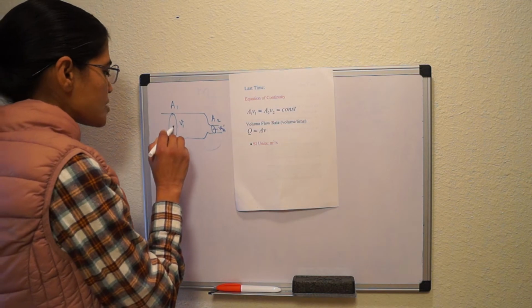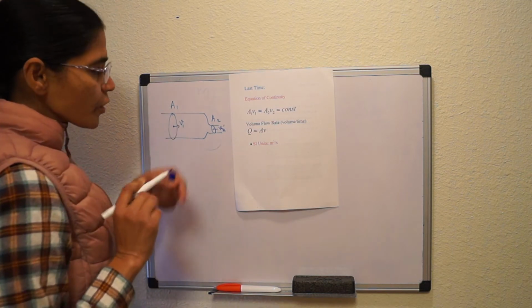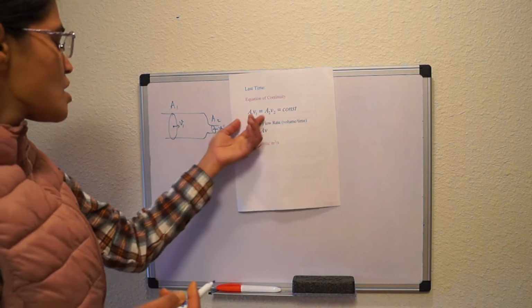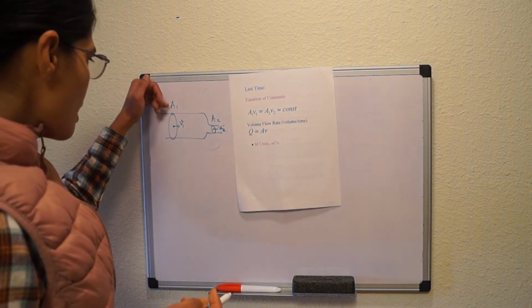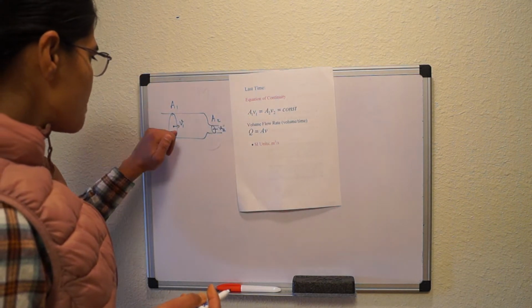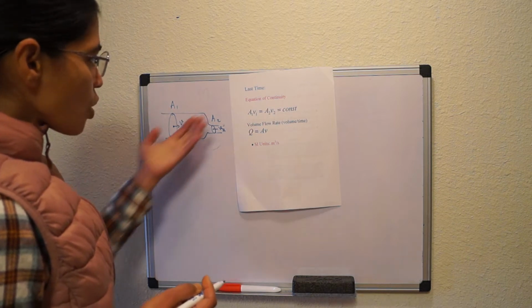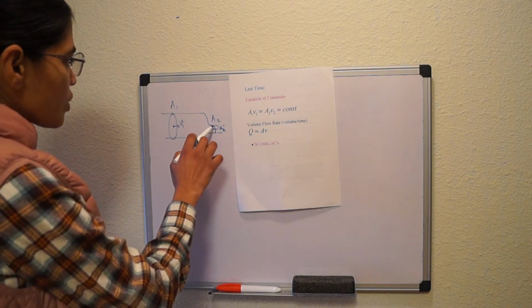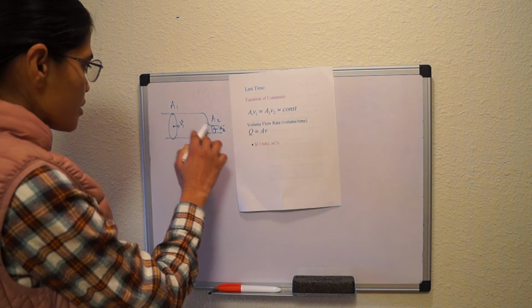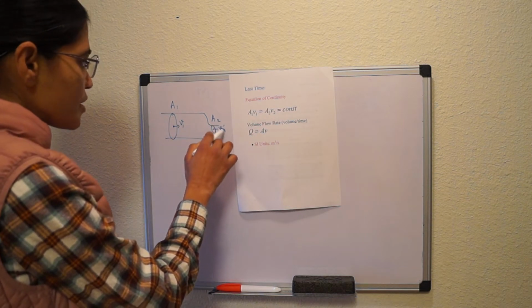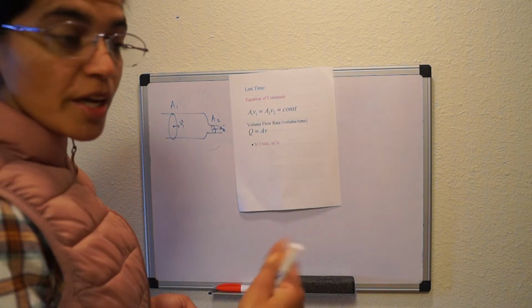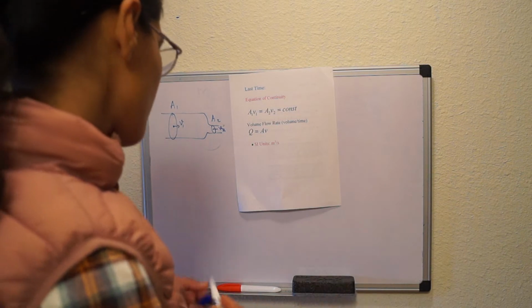Since the product of the cross-sectional area and the speed is constant, as this pipe or tube gets narrow here, the speed of the fluid is going to be higher. Okay, that's the thing we looked at.